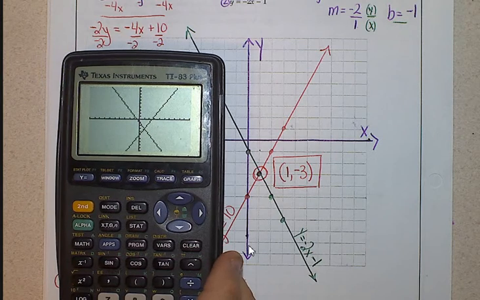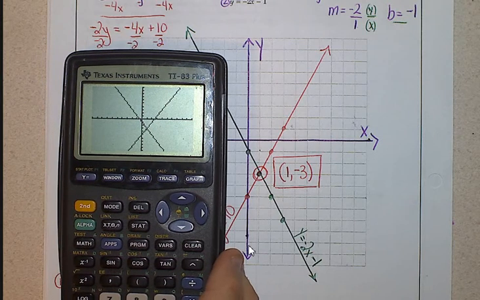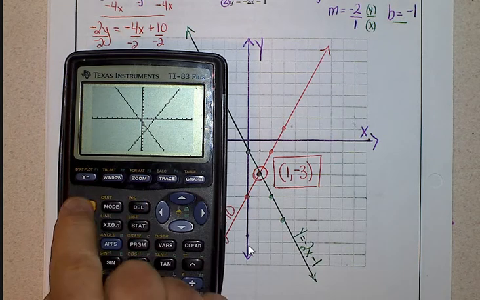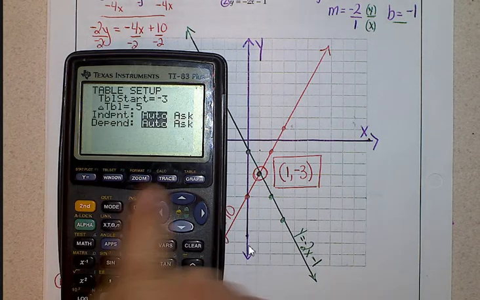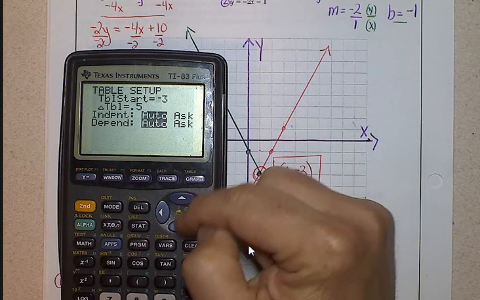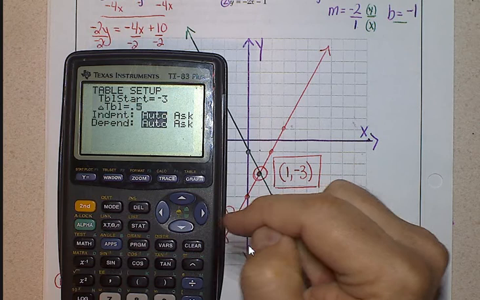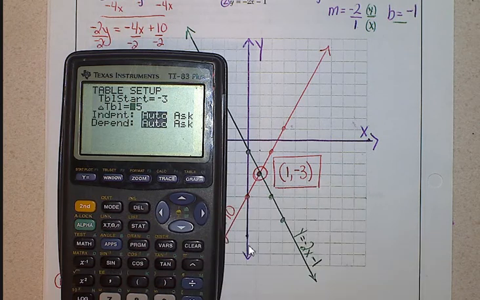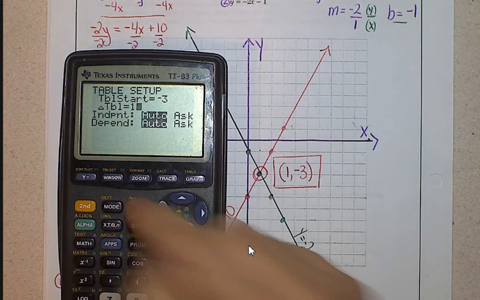If you wanted to see a bunch of points that you can graph, remember it's table set, so second and then window, and it shows you, okay, we're going to start at negative 3, that's what it means, and our change in x, normally it's fine if it's 1, so we'll make it a 1.